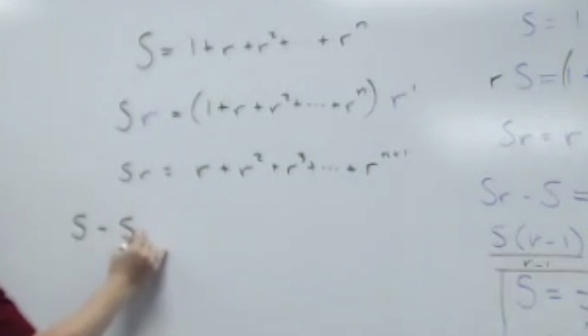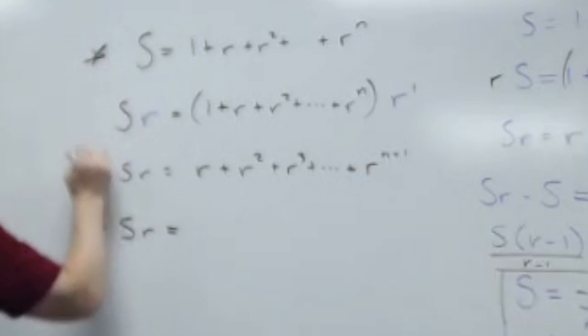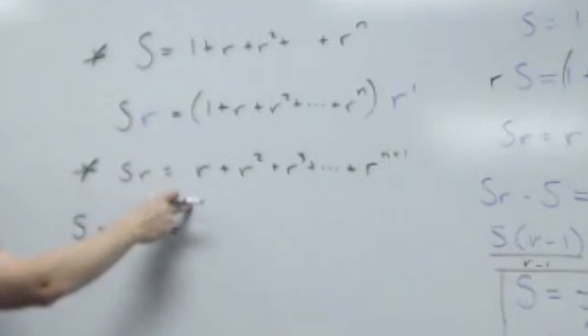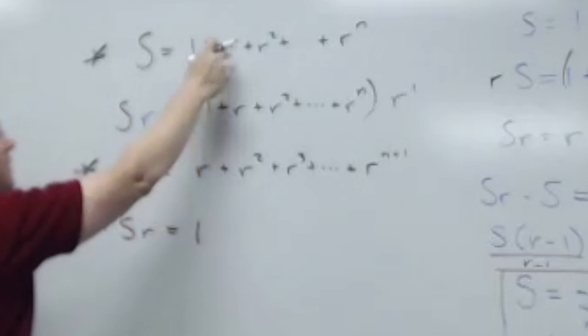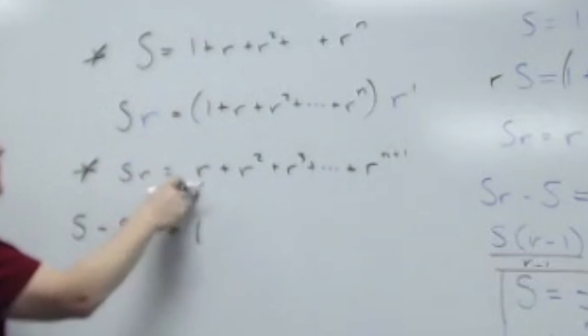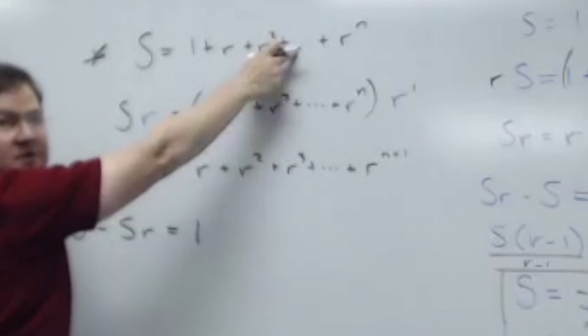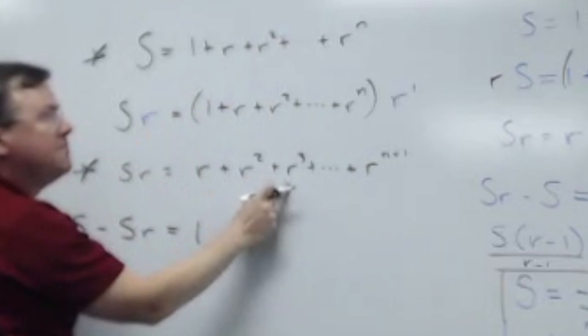So S minus Sr. I'm looking at these two equations. This one has nothing to subtract from it. But the r minus r is going to cancel. The r squared minus r squared is going to cancel. The next term that's not written here is going to cancel with that one.